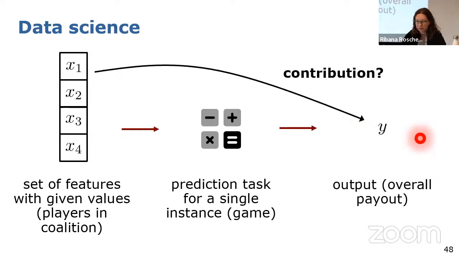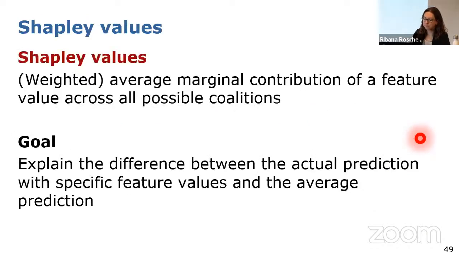As mentioned before, in order to get a value for the contribution, we can calculate these Shapley values. The definition of Shapley values is a weighted average marginal contribution of a feature value across all possible coalitions. When I first read this, it was quite complicated, but there are two terms in it: marginal contribution and coalitions.